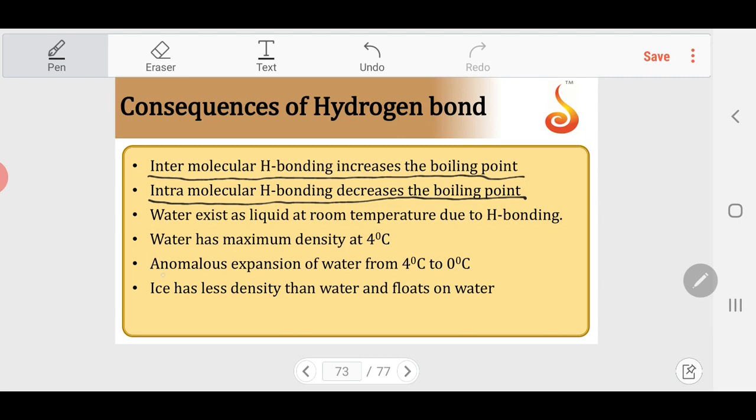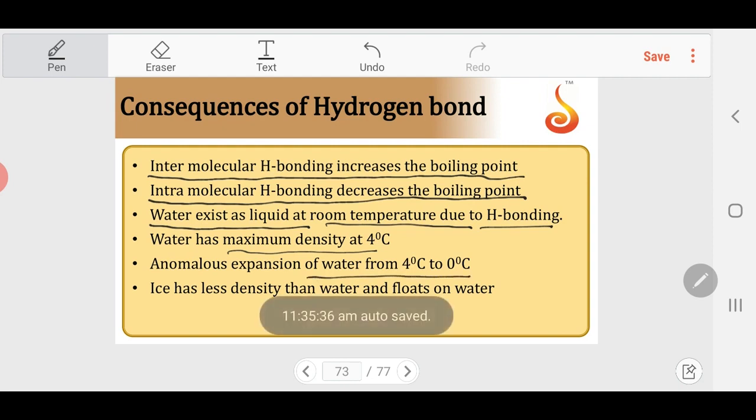Because of intermolecular hydrogen bonding, water exists as a liquid at room temperature. Also, water has maximum density at 4 degrees Celsius. There is an expansion instead of contraction when water is cooled from 4 degrees to 0 degrees, which is called anomalous expansion. To convert into solid form, the hydrogen bond is of a higher length compared to a covalent bond.